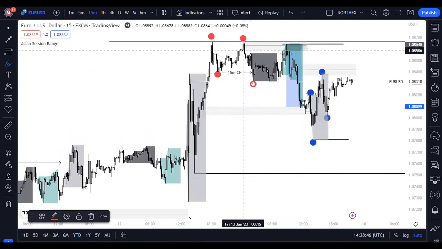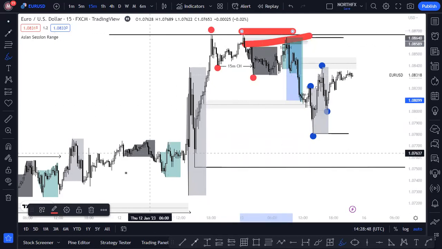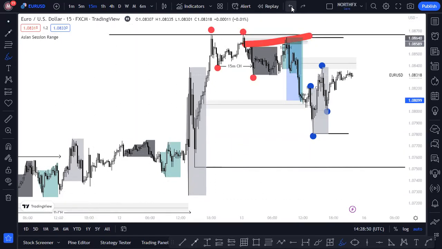And then I wait for pullback into this zone, into the extreme supply zone, and then I look for my confirmation. I'm not going to cover that in this topic right now. And then I looked for shorts, and this was where I took my profits.